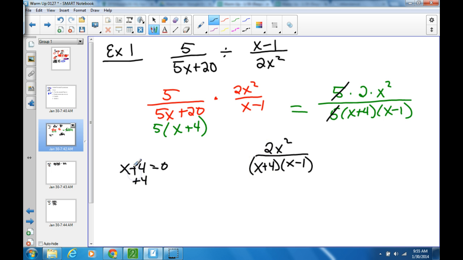That's my fault. Yeah, it would be a negative. So subtract 4 from both sides. It'd be x equals negative 4. Okay? And then the other one would be x equals positive 1. But instead of equals here, I'm going to put a not equal. Okay? Because those are the ones we don't want it to be. We don't want it to be 0 on the bottom.